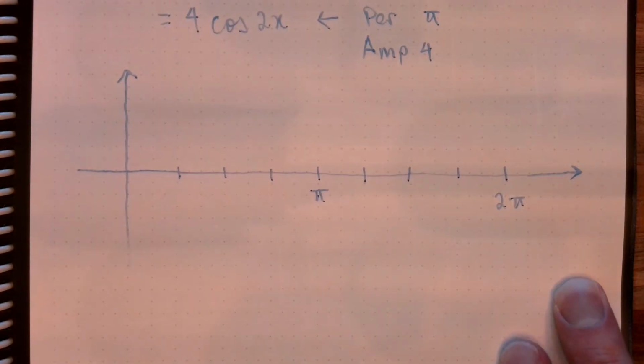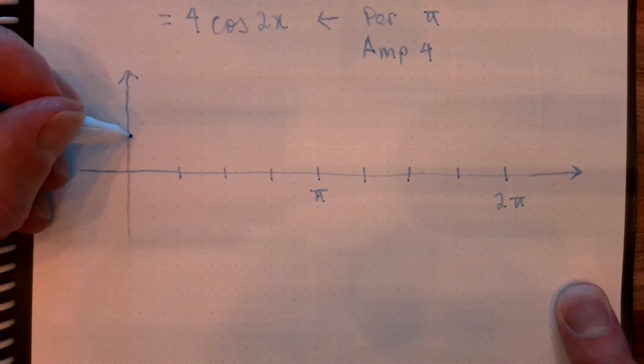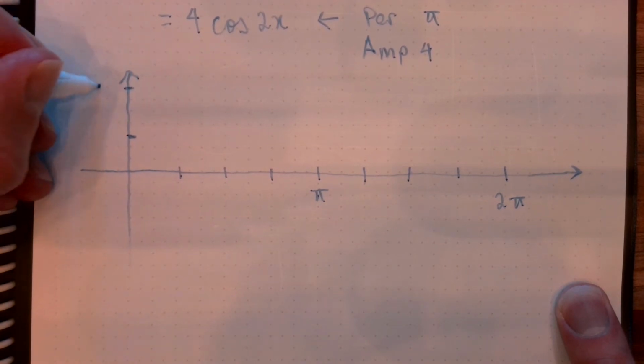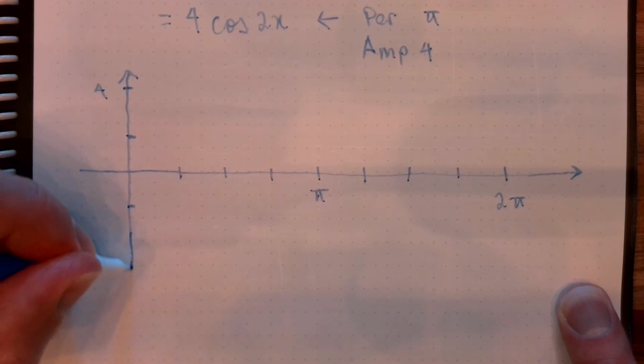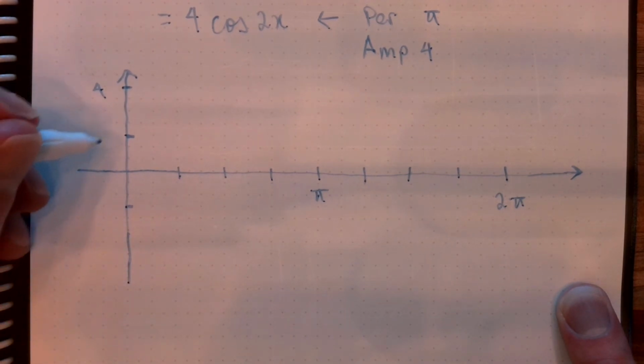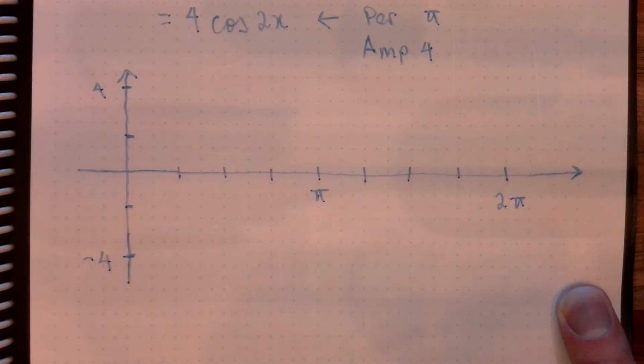The problem did ask me to go from 0 to 2 pi. Okay, let's do this here. So that's 4. And down here is minus 4. The graph is going to oscillate between minus 4 and positive 4.